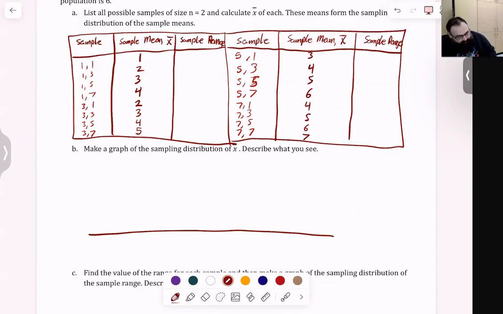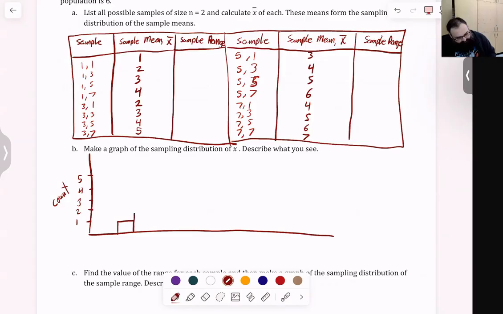How many times did 1 occur? Once. So why don't we draw in here and go like count on the side. And we'll do like 1, 2, 3, 4, 5. So 1 happened once. How many times did 2 happen?